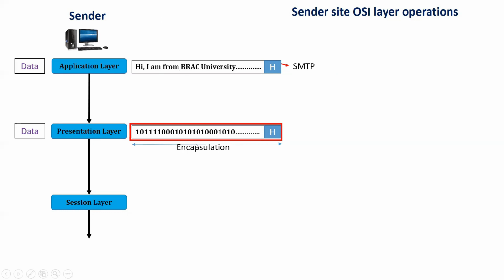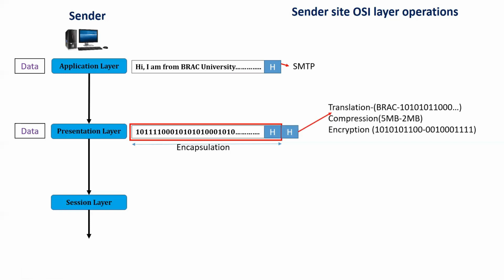We can do it using different kinds of encoding techniques like ASCII codes. Then, to reduce the size of the information, the size of the bits, for faster transmission, we can compress our information.